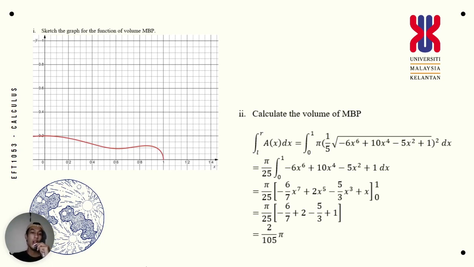So the integral of V equals the integral from 0 to 1 of π times (1 over 5 square root of negative 6x⁶ plus 10x⁴ minus 5x² plus 1) squared dx. So after the calculation, we will get 2 over 105 π.